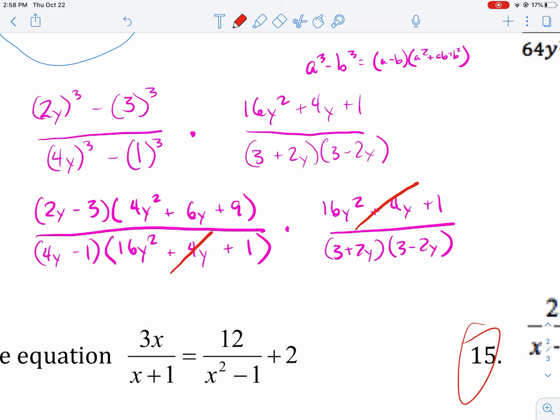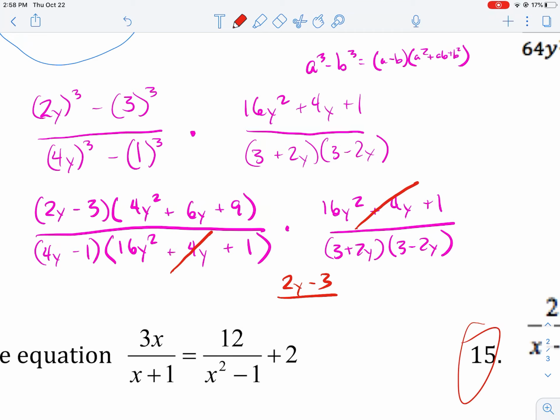My answer, which would be quite lengthy, sorry, having a moment, just making sure everything's correct. So we'd have 4y squared plus 6y plus 9 on the top, and on the bottom we would have these three expressions.